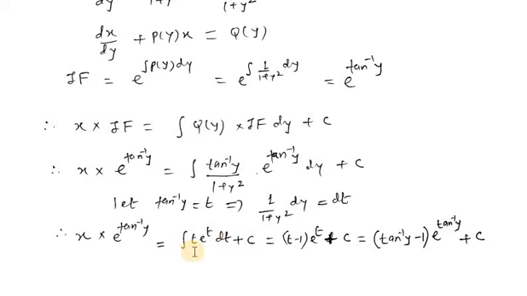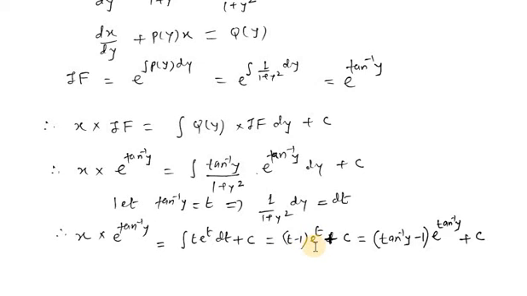Now again we have to integrate this function, that is t e raised to t with respect to t. You can integrate this function using Bernoulli formula or by integrating by parts, right? So integration of t e raised to t, that is nothing but t into e raised to t minus e raised to t.